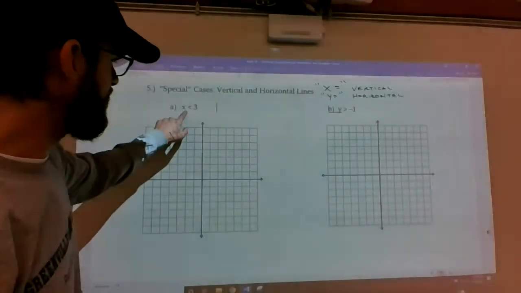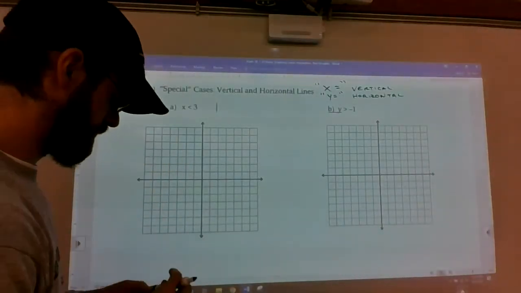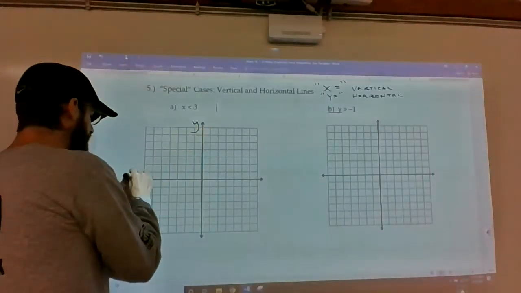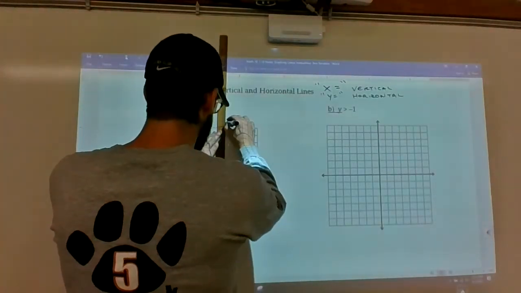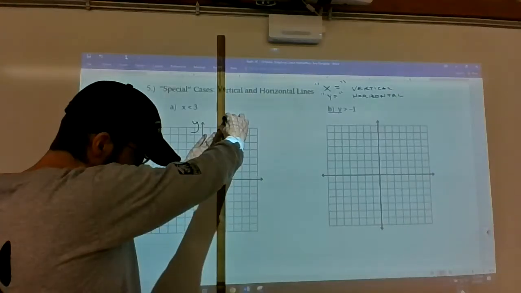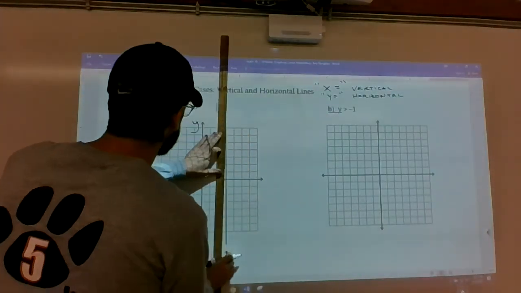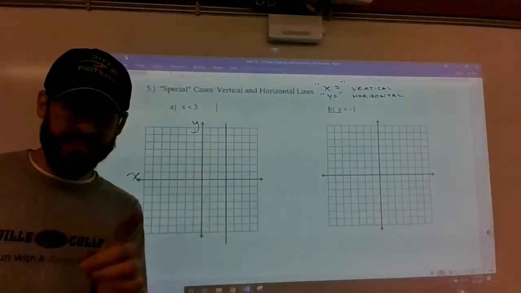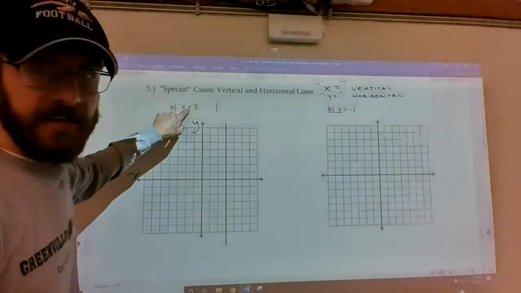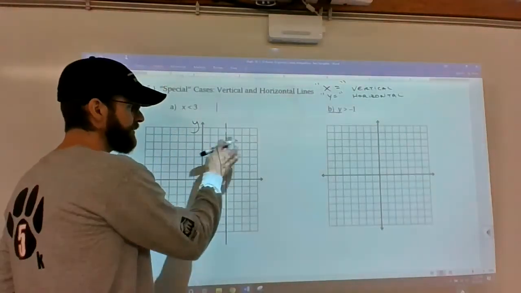So think of this as the line x equals 3. If this is our y-axis, this is our x-axis, you would draw a vertical line 3 units to the right. Instead, though, this is a less than symbol, so it'd be dashed.